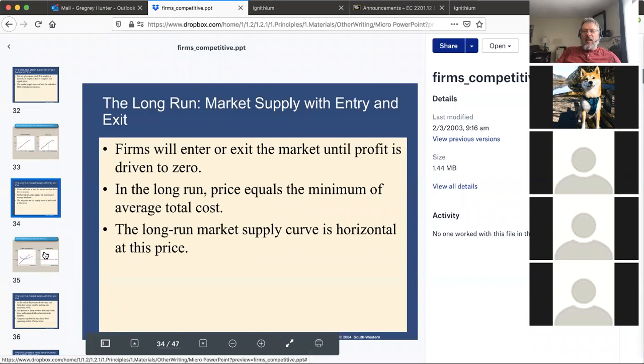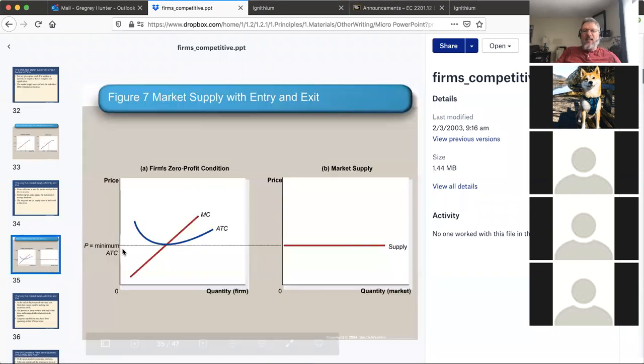And the interesting thing is that if we look at the long run average total cost curve, the features of competition are that no firm has any special advantage in technology or access. All the firms are identical and they produce identical products.